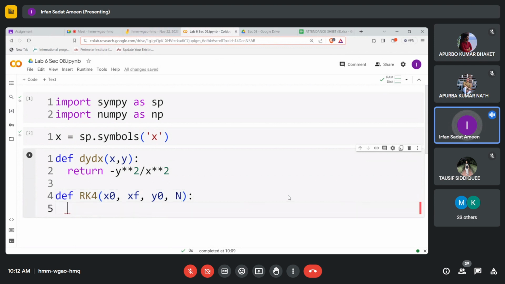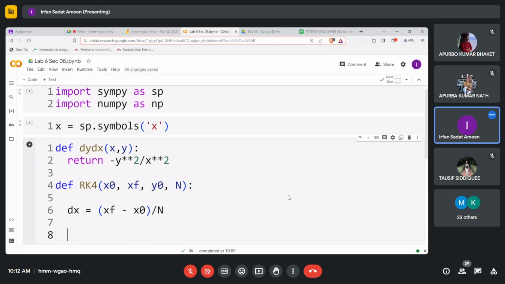এখন এরপরে কি করতে হবে? এরপরে হচ্ছে আমরা dx বানাবো। So dx would be xf minus x0 divided by n. Right.